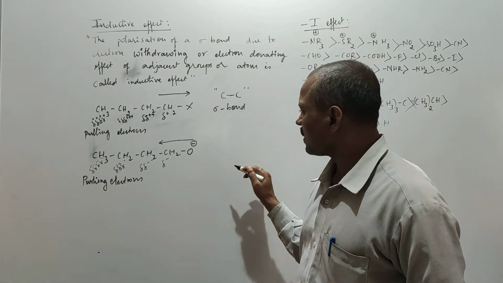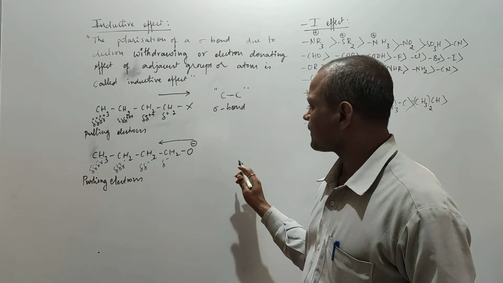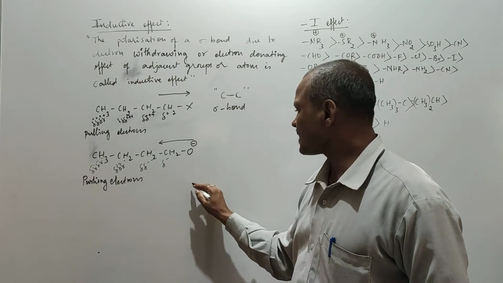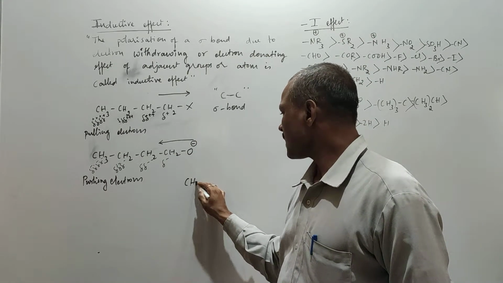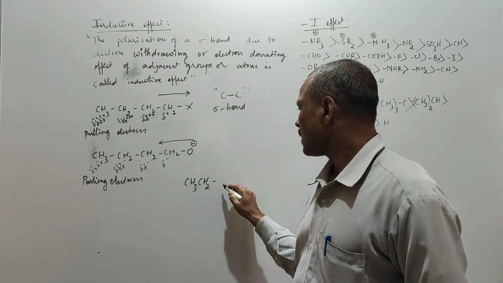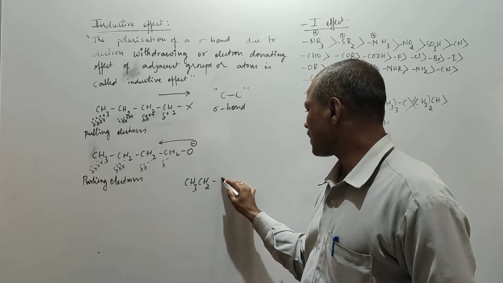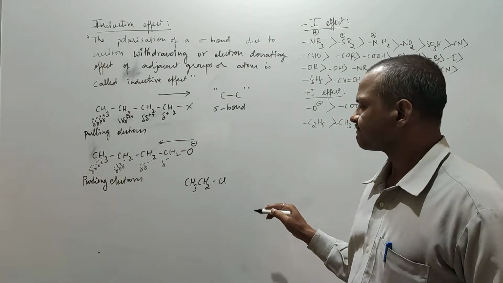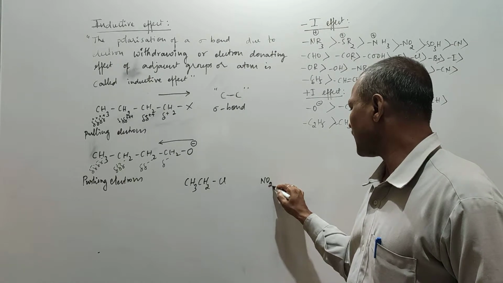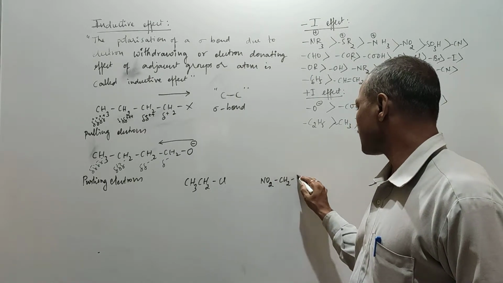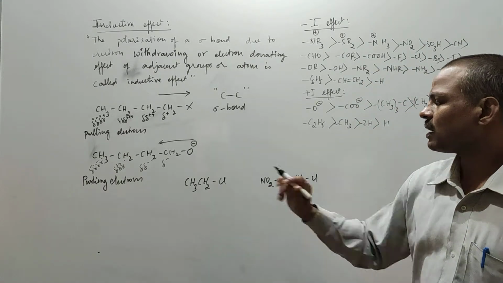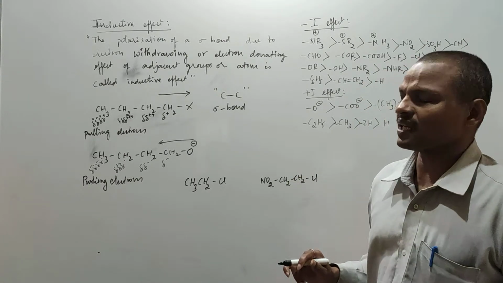Now let us discuss some compounds which show the inductive effect. For example, compare CH3CH2 with a halogen, chloride, and the nitro compound. Which is more acidic in nature?